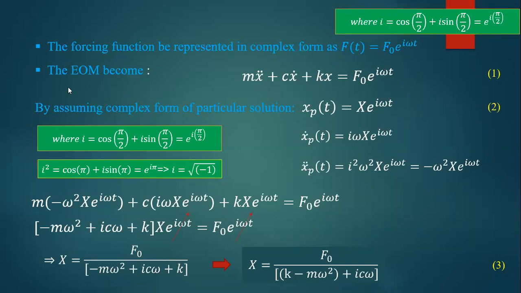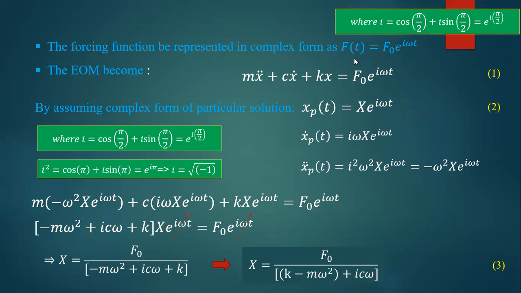And the governing equation of motion becomes m x double dot plus c x dot plus k x, which is equal to f naught e to the power of i omega t. So what we are looking at here is the damped system with a forcing function.